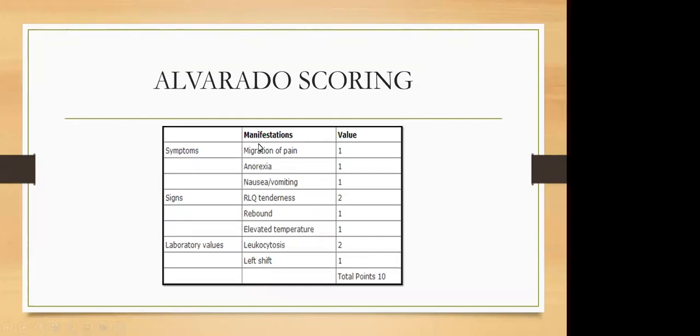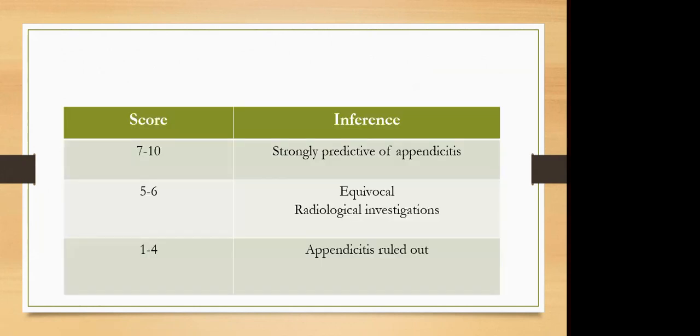So when the doctor is looking at those values, he is able to decide whether there's real appendicitis, no appendicitis, or whether you need some further investigation. If a patient has a score of 7 to 10, that is strongly predictive of appendicitis. In that case, they know this is typical appendicitis, and they may just take the patient to theater and take the appendix out.